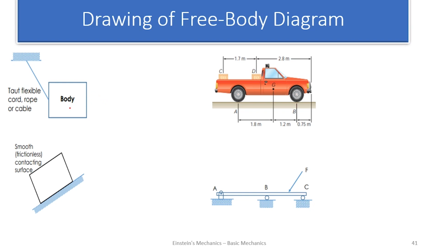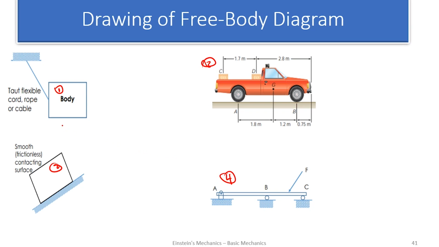These are bodies that we need to represent with a free body diagram. And for instance, I have body 1, the second body, the third, and the fourth body. So in cases like this, what do we do?